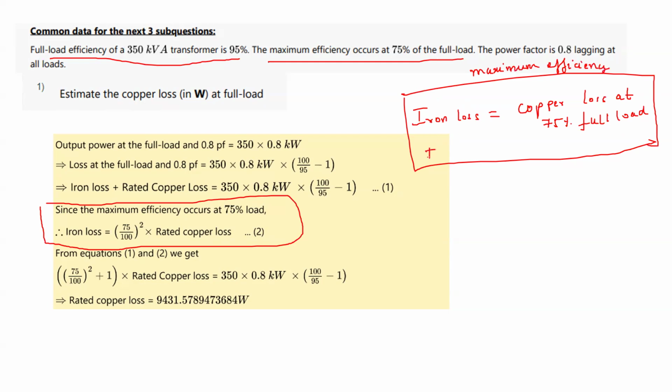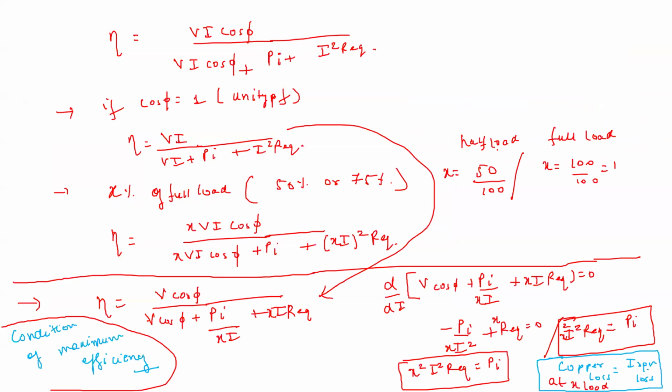So iron loss: if this I is the rated value, then X is the percentage of full load, so this becomes X square. This also can be written as X square times full load copper loss, equal to Pi, because I square R equivalent is the full load and there is the X square term.